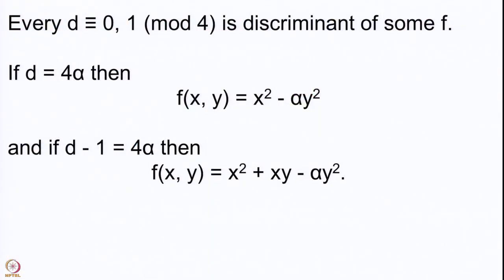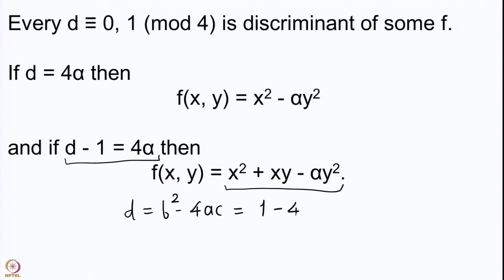When you have that d is 1 modulo 4, or when you have that d is 4 alpha plus 1, d minus 1 is 4 alpha, then the form is x square plus xy minus alpha y square. Let us again compute the discriminant b square minus 4ac. Here b is 1, a is 1, c is minus alpha.